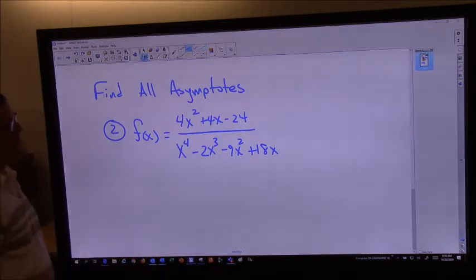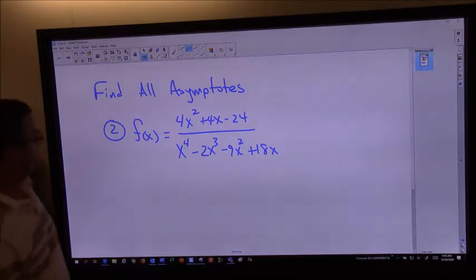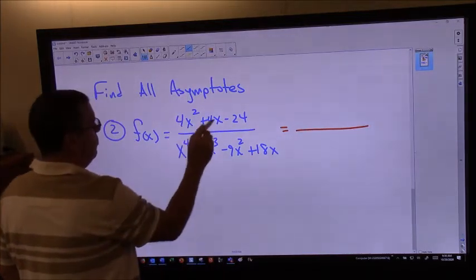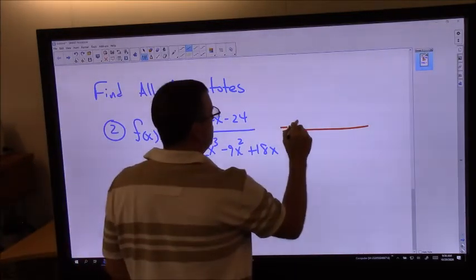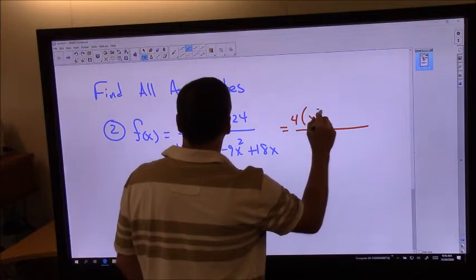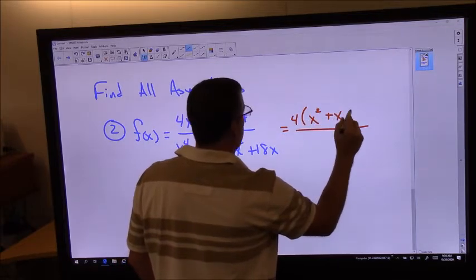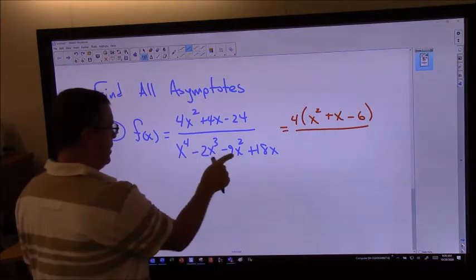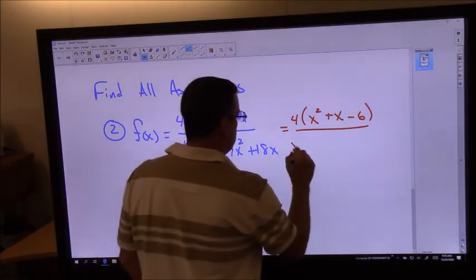All right, so I've got to factor it first. I think I'll start with the numerator here, and I'm going to factor a 4 out of each of those. Left with x squared plus x minus 6. Here I'm going to factor an x out of each of those.